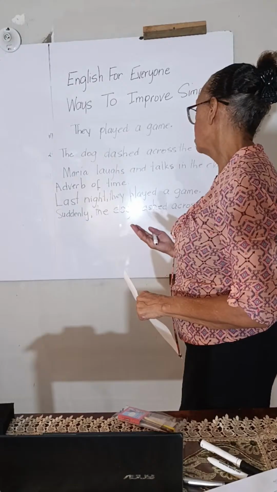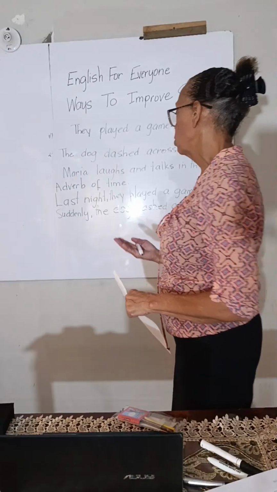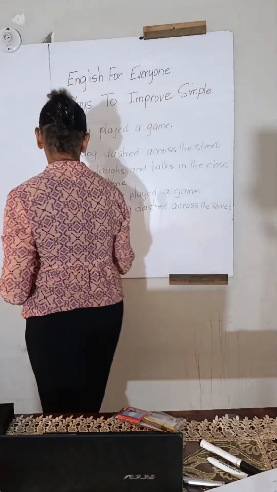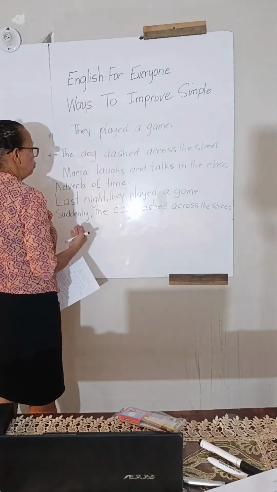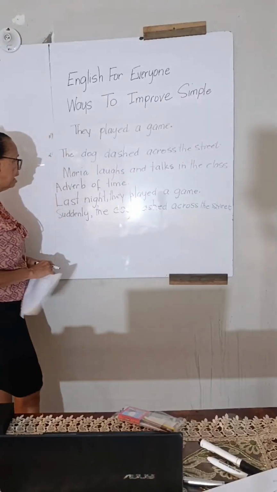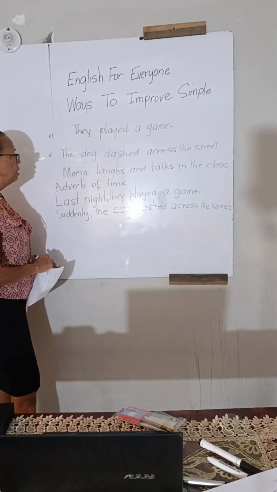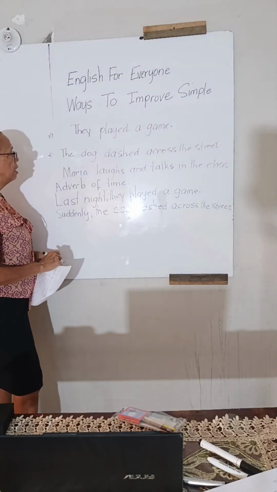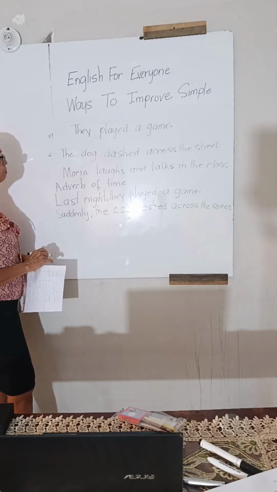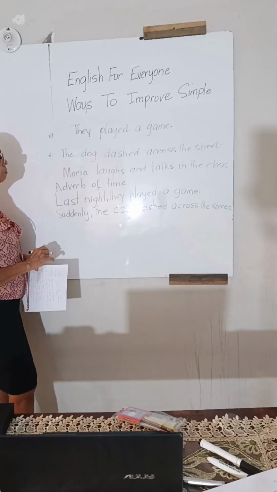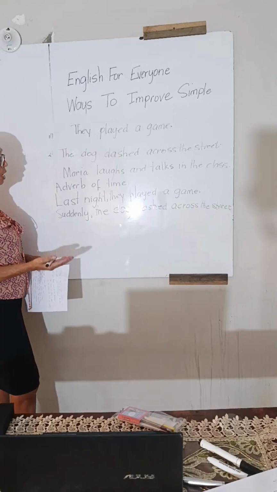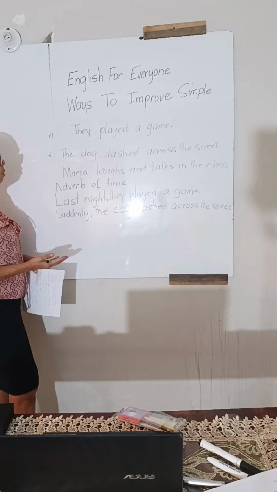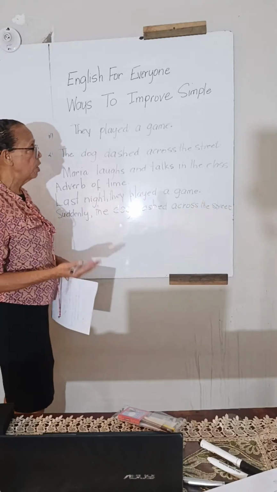Maria cannot be yesterday, so let us see, if we don't want to put back any adverb of time, adverb of manner, we could put sometimes. Sometimes Maria laughs and talks in class.